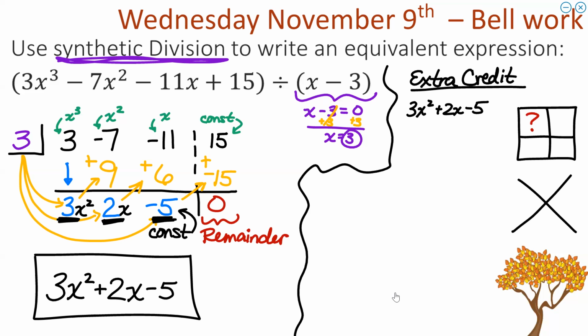What would we put here? Our a value. What is our a value? 3x squared. What do I put down here? -5. We put our c value down here. How do we decide what's going here and here?